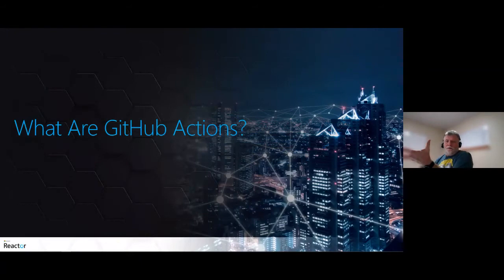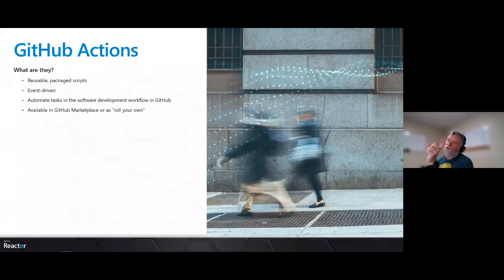Okay. So what are GitHub Actions? Well, I just have one slide on this, but I'm going to point you in the direction of a link at the end where you can get even more information and dig in a little deeper. GitHub Actions are reusable, packaged scripts that provide actions or activities that we can plug into our workflows to automate specific tasks, right?